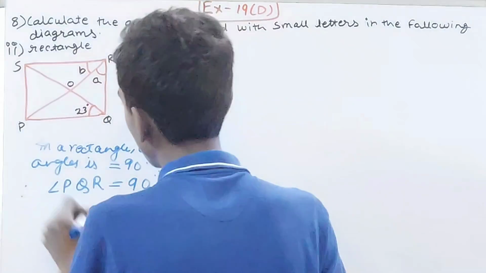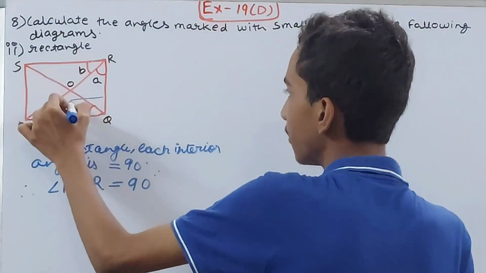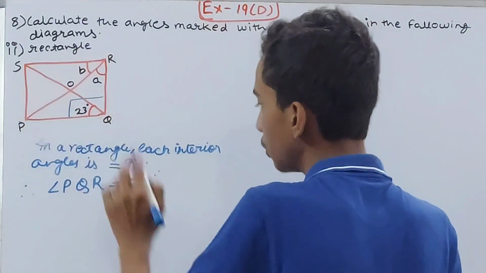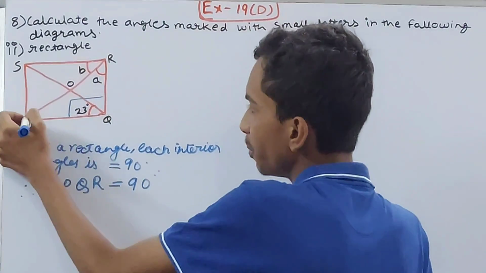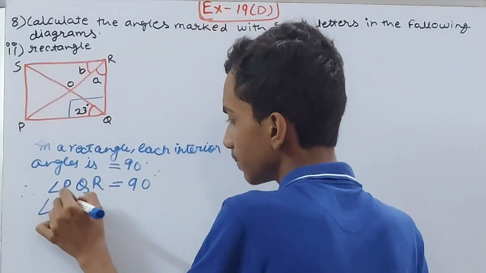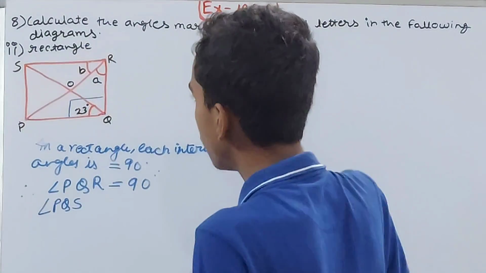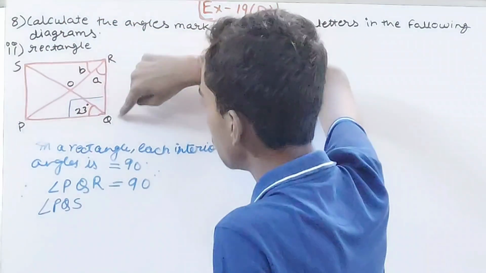Okay, therefore see here, P, Q and R, this entire thing, it will be 90 degrees. Yes, so PQR is made up of angle PQS, P, Q and S, and it is made up of what? SQR.